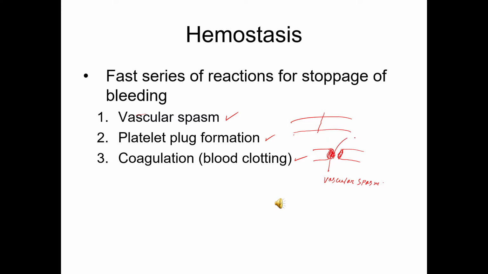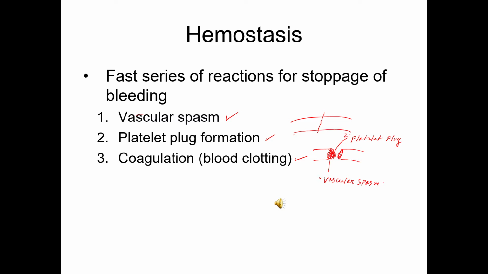So that is called platelet plug formation. Platelets love the rough surface, so some platelets will start to get attached to the rough surface of the blood vessel, and then more and more platelets will come and join to form a plug. So that is step number 2.